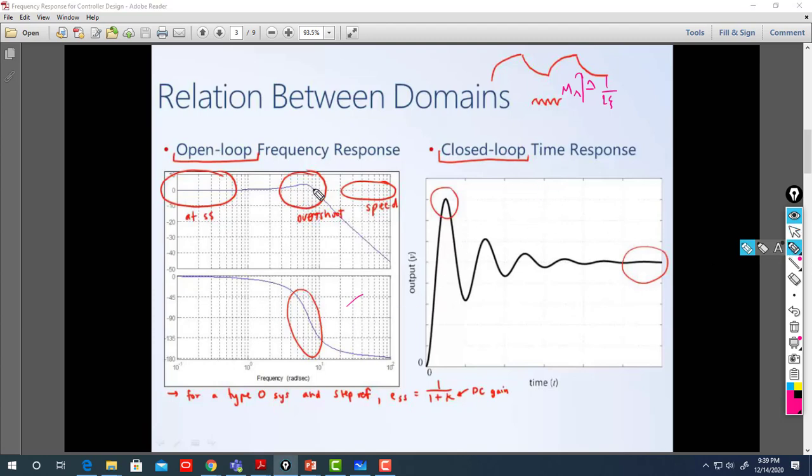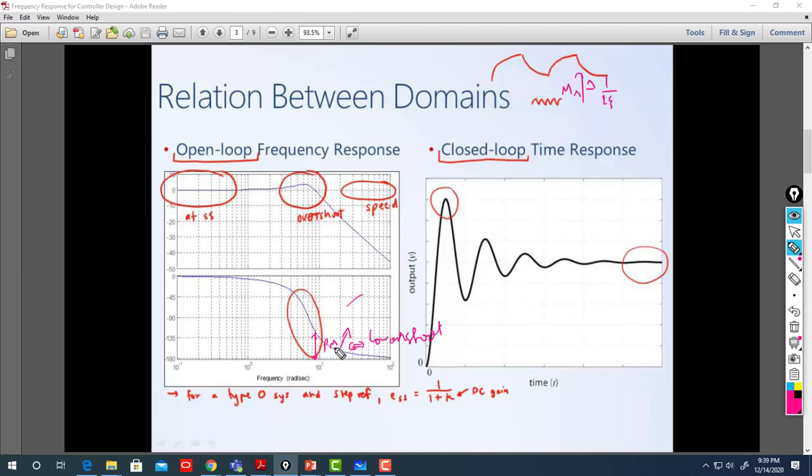Also, we said you have the phase margin, right? A high phase margin means, in the frequency domain, low overshoot. If you have good stability, a good phase margin, then you have low overshoot.